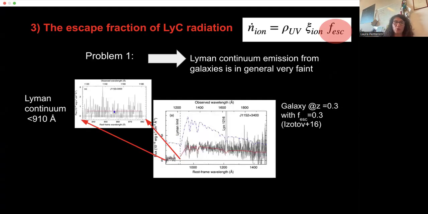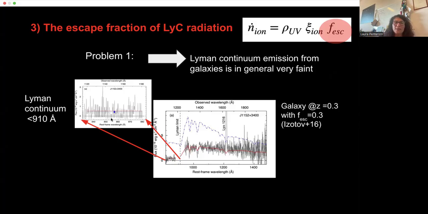Problem number one is that the Lyman continuum emission in galaxies is in general very faint. It's much fainter than the non-ionizing continuum. For example, this is a galaxy at redshift 0.3, observed by Itodov some years ago. This is a COS spectrum, obtained with COS, which is a UV spectrograph on the HST.